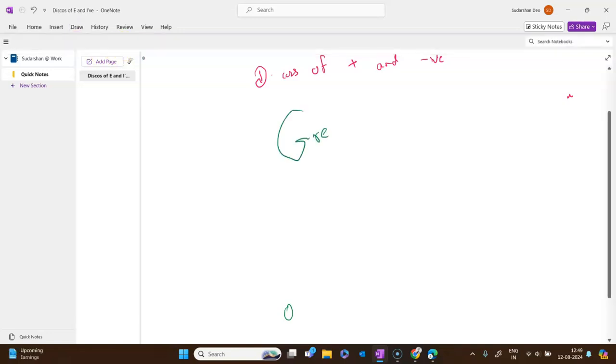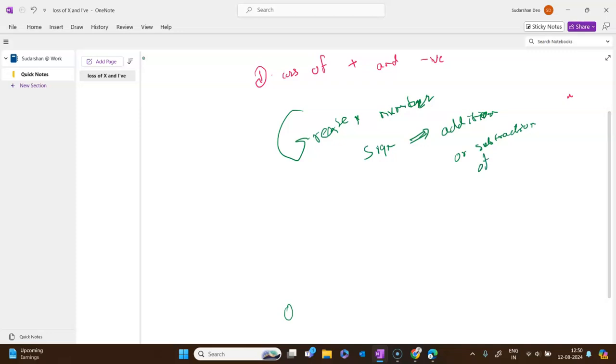The greater number sign is related to addition or subtraction of integers, and not to multiplication or division.